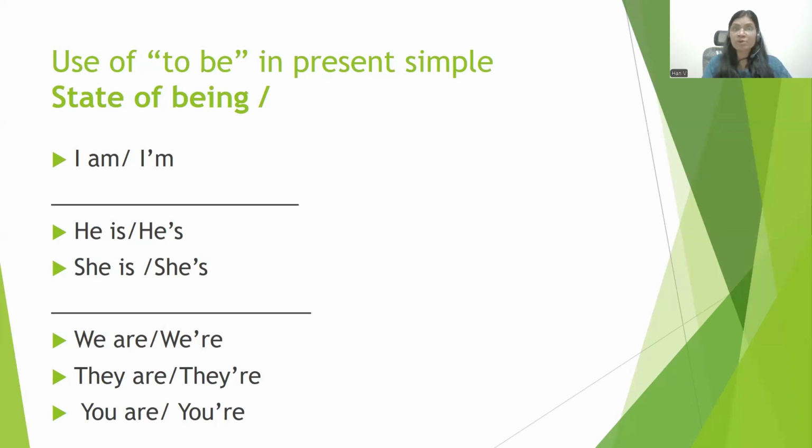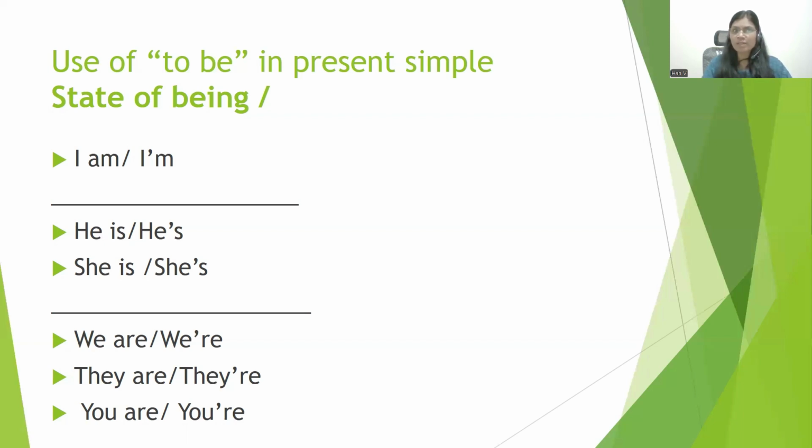Okay? So am, is, and are are used with different kinds of subjects. So with I, it is am. With he, is. She, is. We are. They are. You are. Very easy.